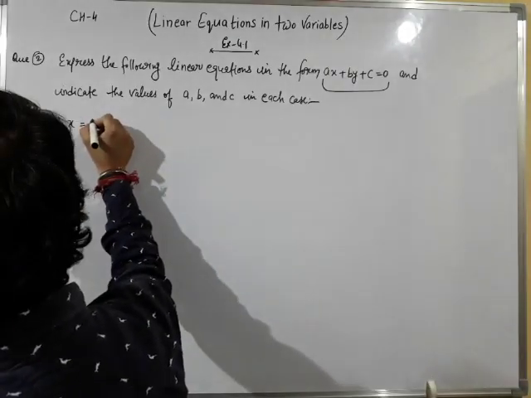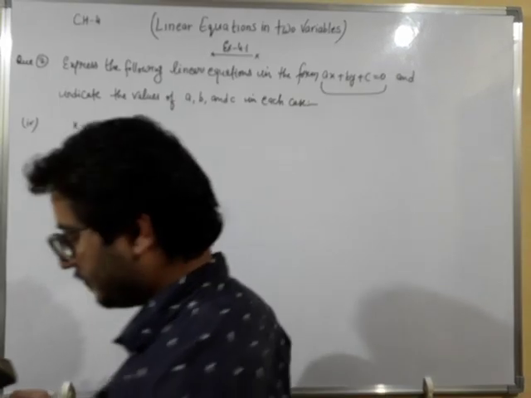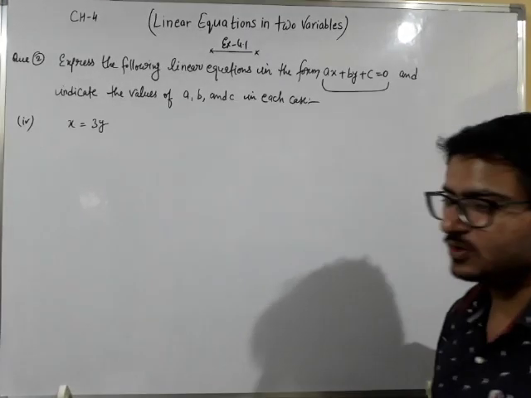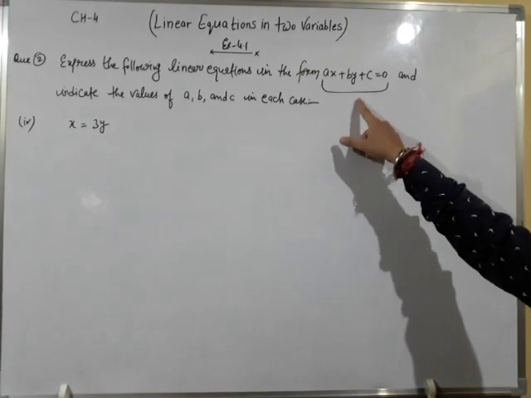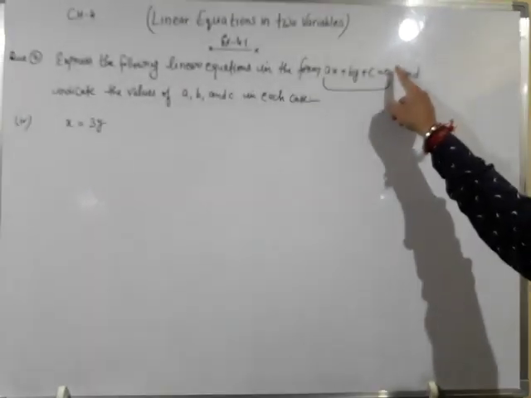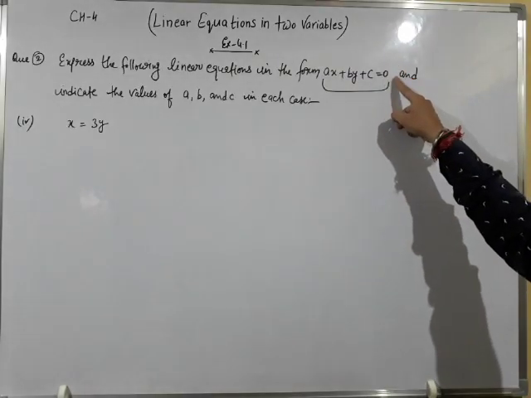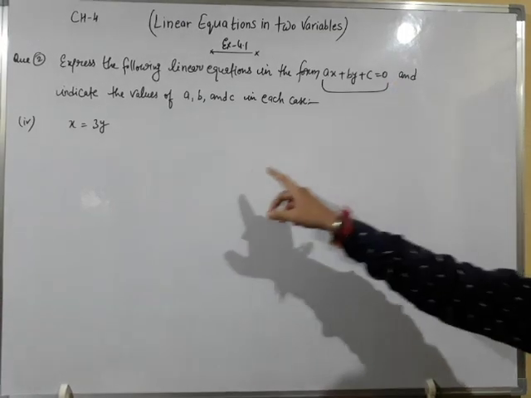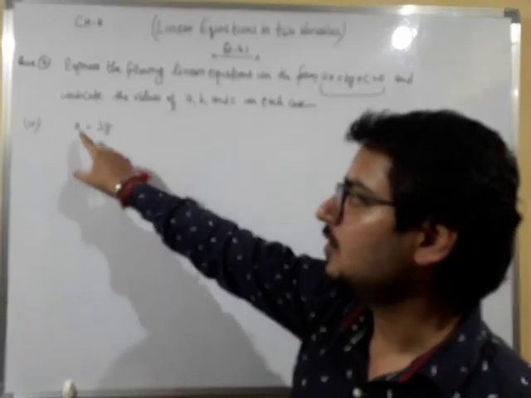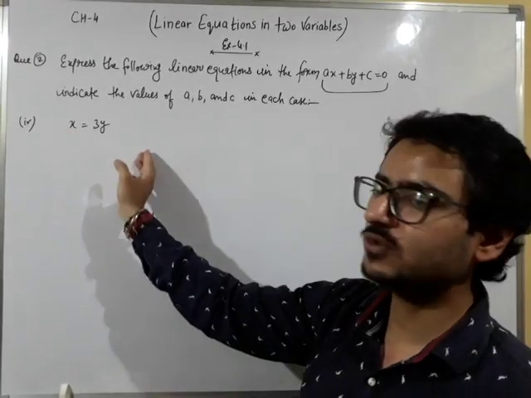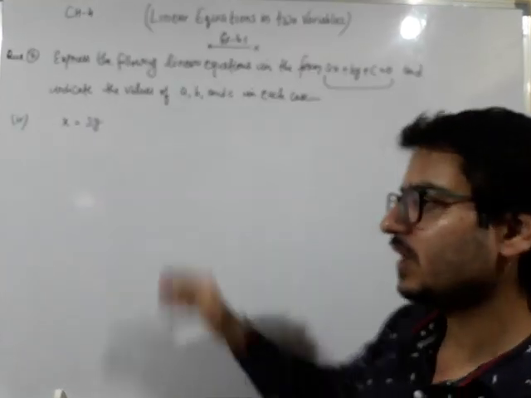x is equal to 3y, and we have to write this equation in standard form, and then we have to find the values of a, b and c. In the standard form of a linear equation in two variables, there is nothing on the right hand side of the equation. So we have to transpose 3y from here, or we can take x from the left hand side to the right hand side.